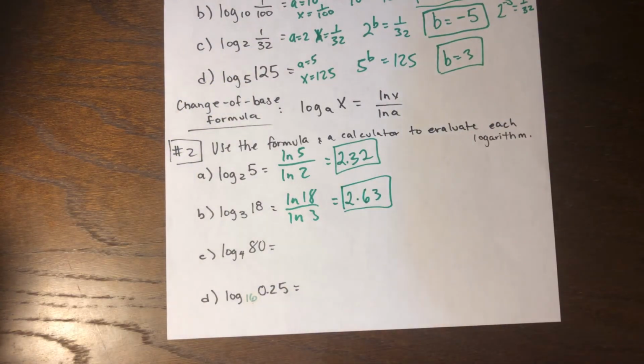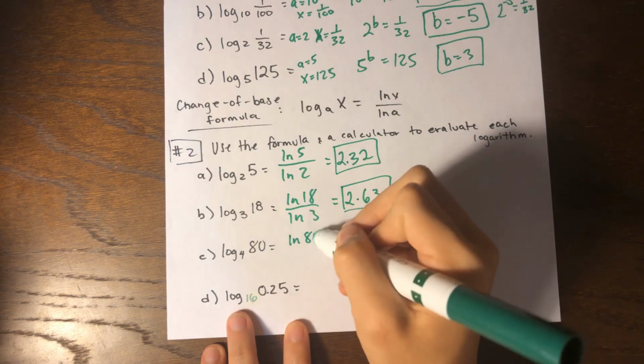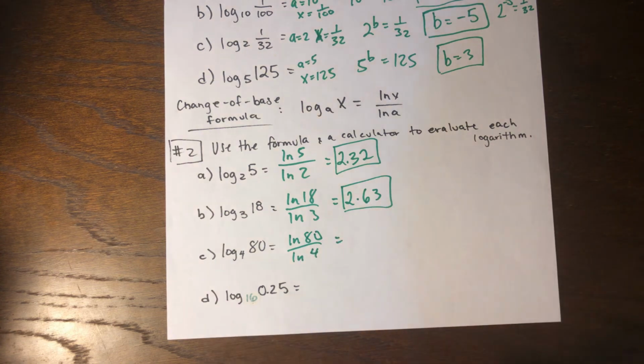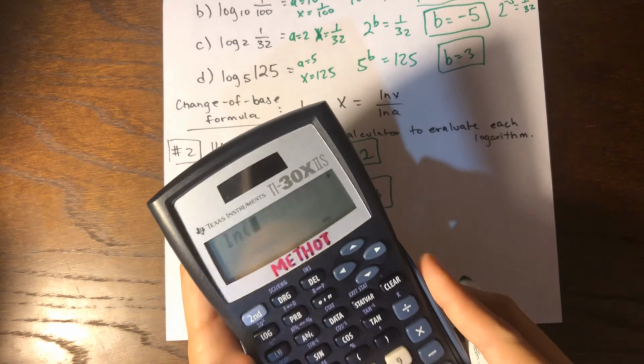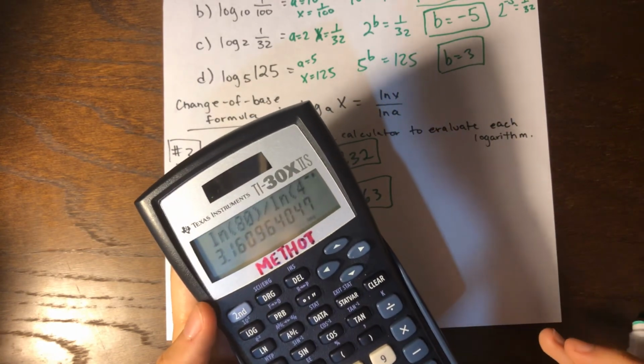Next one, log base 4 of 80. So we have the natural log of 80 divided by the natural log of 4. That gives 3.16.